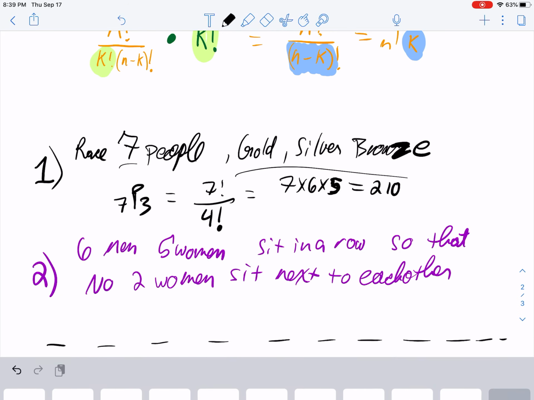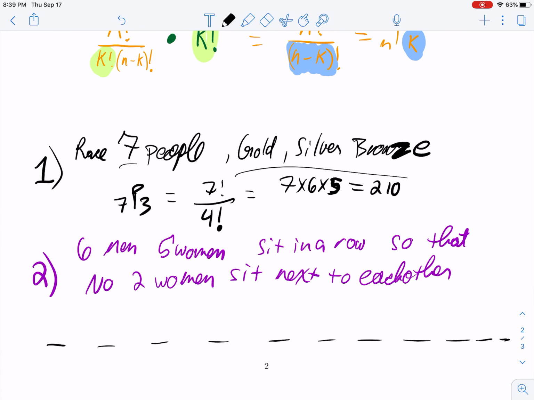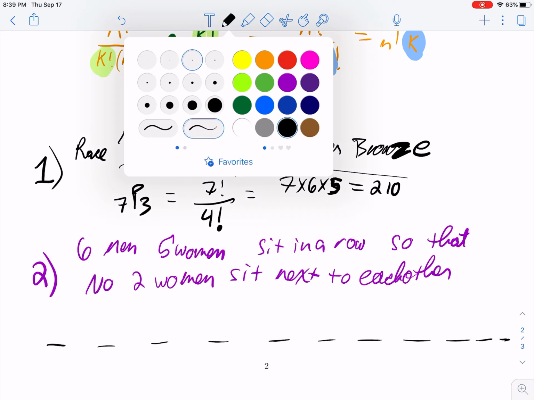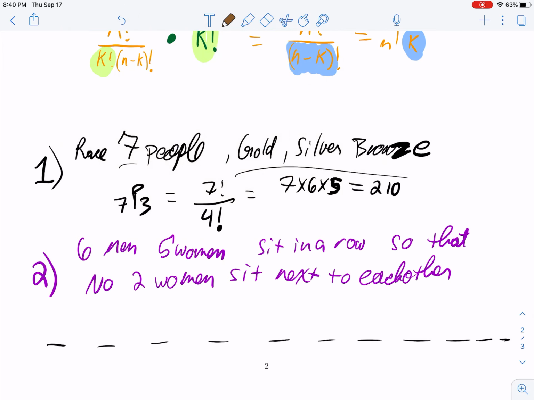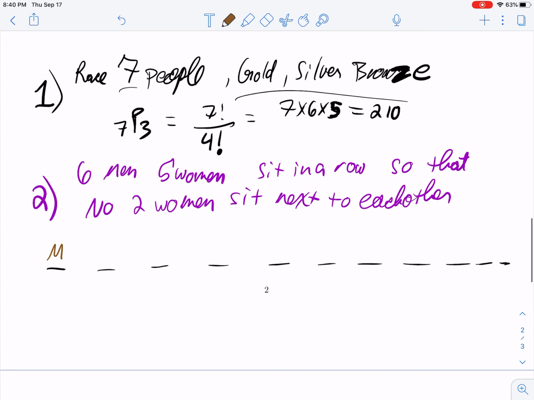And if we think about it, how can I sit everyone? Well, if I start with a man, what can I do with the women? If I put another man here, let's say maybe I'll put a woman here.